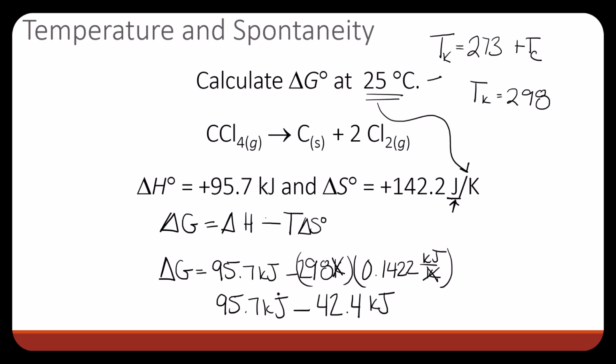Right, so now we're just going to take 95.7 minus 42.4. And delta G for this equation is going to be a positive 53.3 kilojoules.